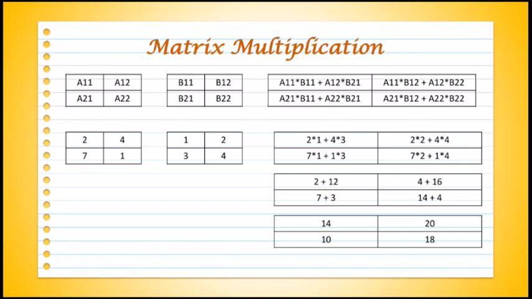How to calculate using Strassen's multiplication we will see in the next videos. There are some formulas that have to be followed to reduce the number of multiplications in matrix multiplication.